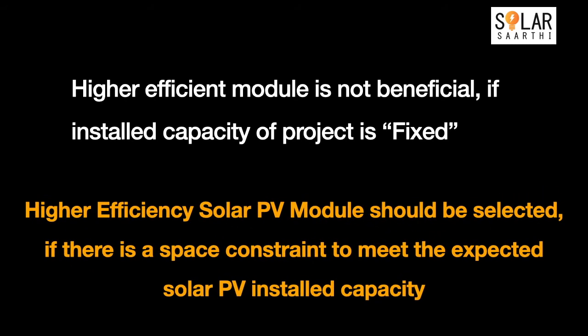But a higher efficiency solar PV module should be selected if there is a space constraint to meet the expected solar PV installed capacity, as we have seen in scenario 2, where the project capacity was not fixed, but the number of modules was fixed. So in a scenario where we have a space constraint, we should go for a higher efficiency solar PV module.